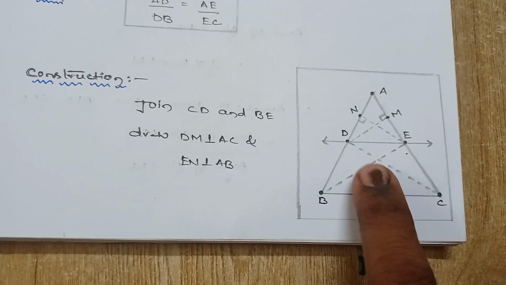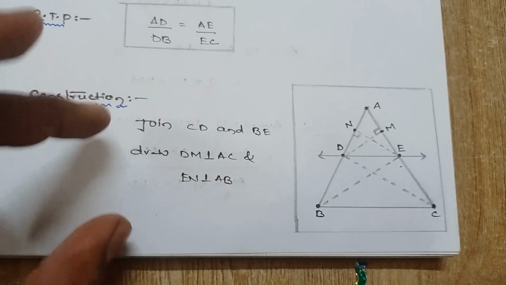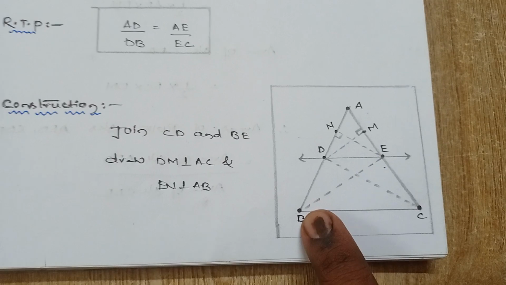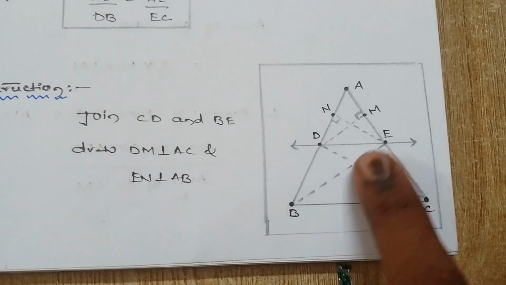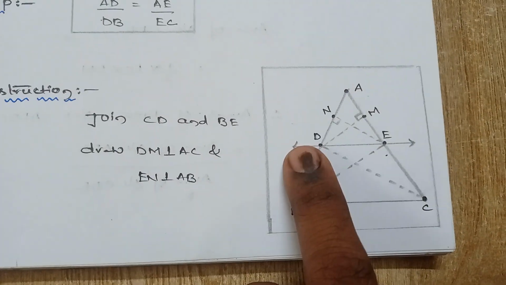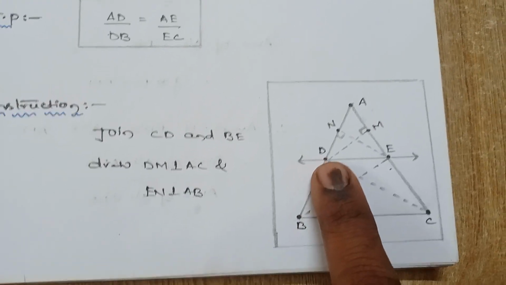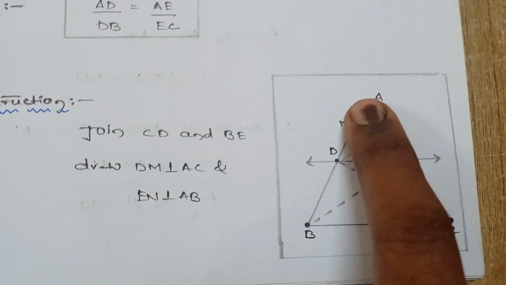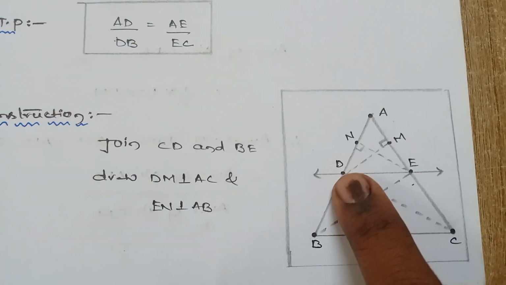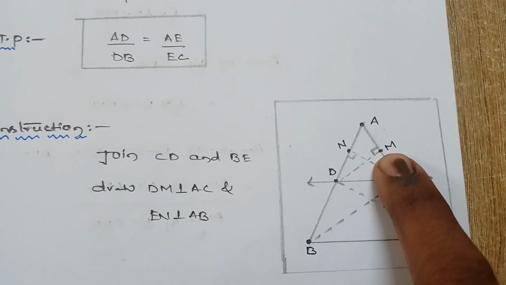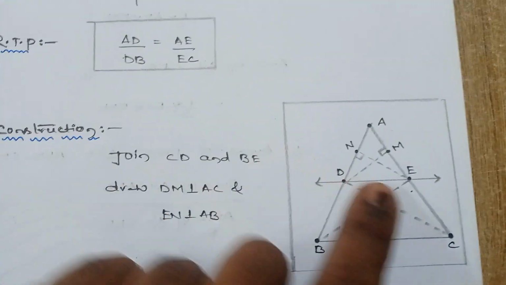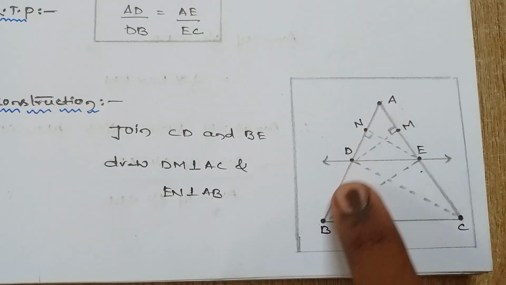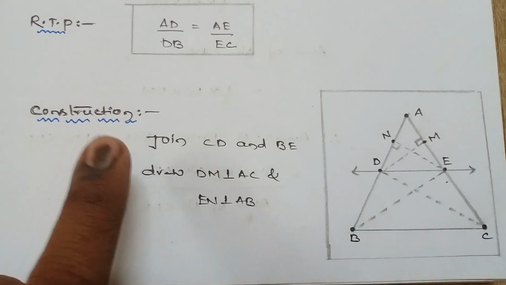Then I join BE and CD, and also draw a perpendicular from D to line AC. This perpendicular meets at a point called M, and similarly I draw a perpendicular EN on the base AB.